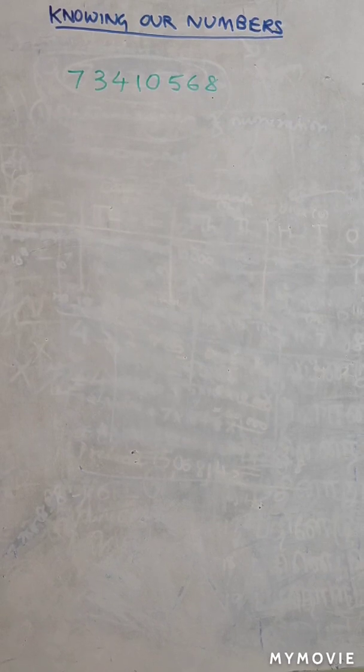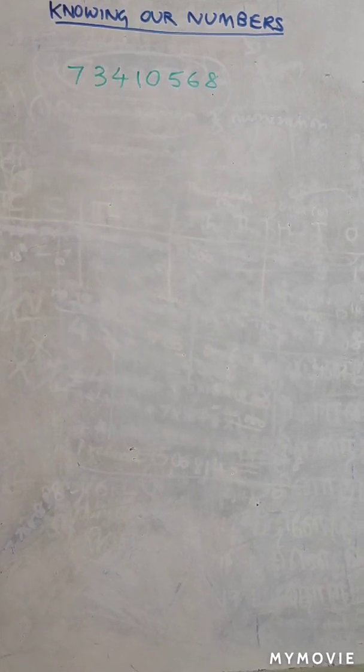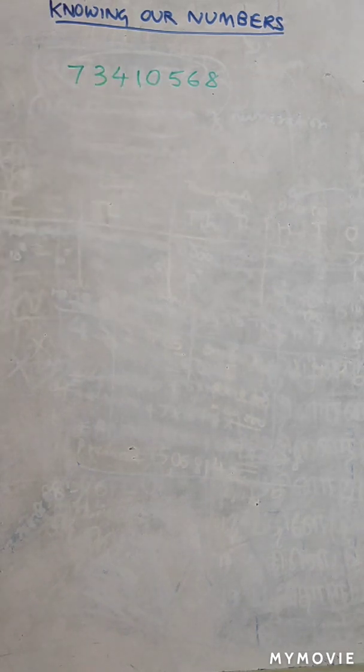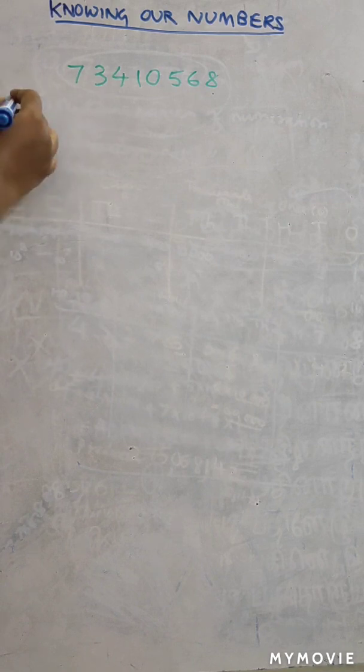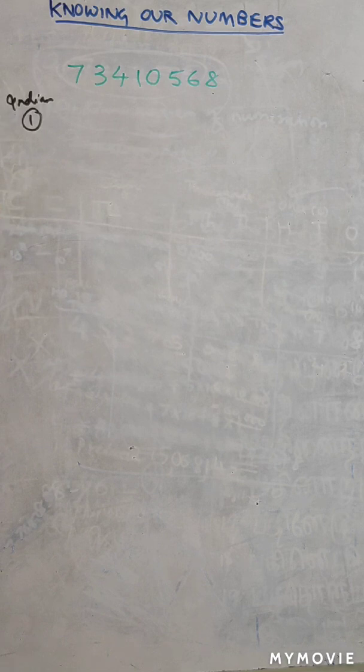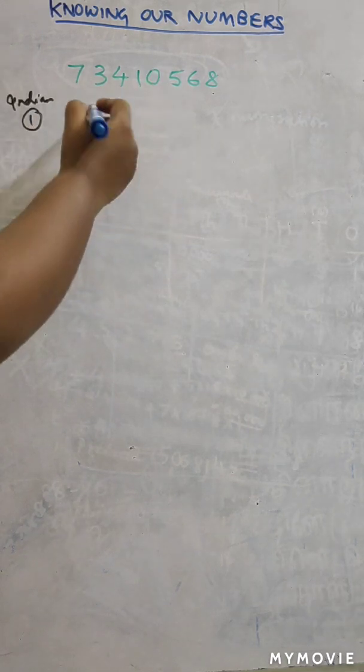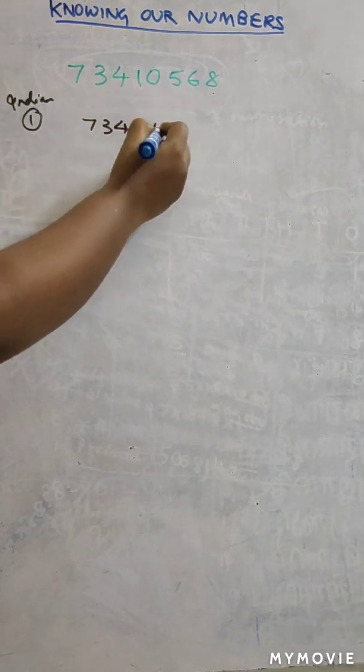Now that we have seen the two different systems of numeration, we'll try to understand it better with one example. On the screen you see a number 734105668. First of all, I try to write it in the Indian system of numeration. If you remember, in the Indian system we divided the periods as 3, 2, 2 as we move from the right to the left.